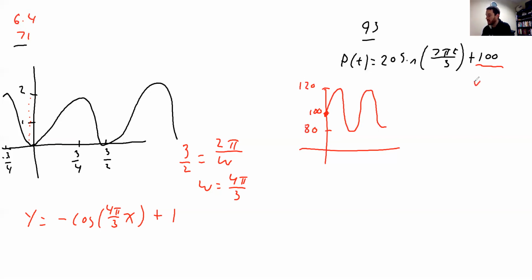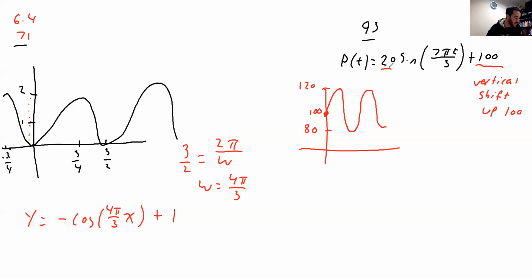Again, this is your vertical shift up 100. So that B value shifts the graph up by 100 units, and then your amplitude 20 is going to have the sine function bob between 20 up and 20 down from where it's starting at 0, 100.